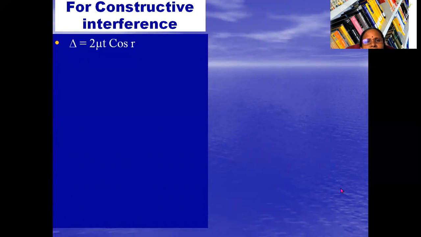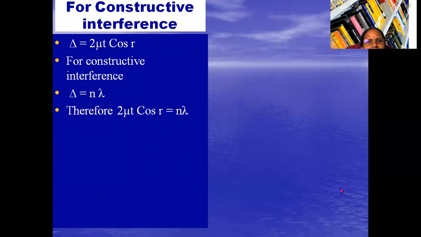For constructive interference, therefore, we can apply the condition that the path difference delta is equal to 2 mu t cos r only, not plus lambda by 2, and this should be equal to n lambda. So in case of transmitted light, the condition for constructive interference, or film to appear bright, is 2 mu t cos r equal to n lambda.